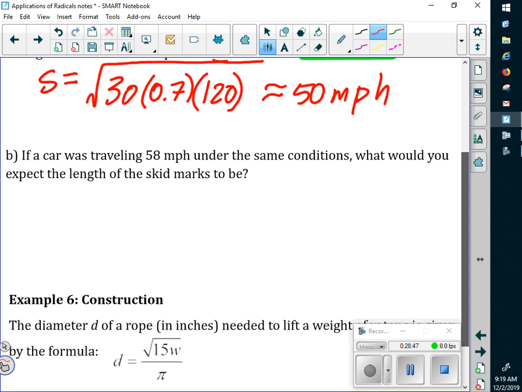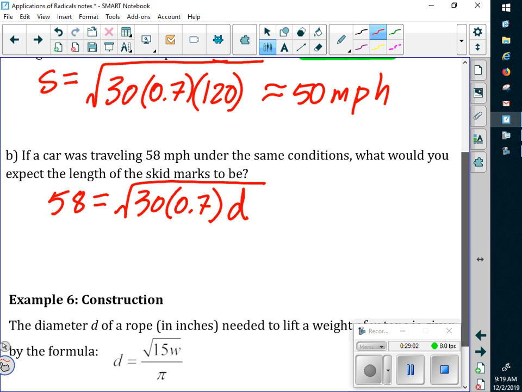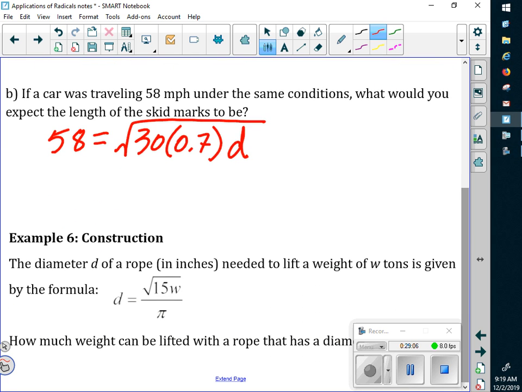So you would go 58 equals the square root of 30 times 0.7 times D. How in the world do we do that? How do we undo the square root? Square both sides, I agree.